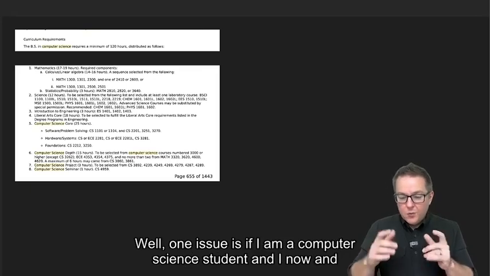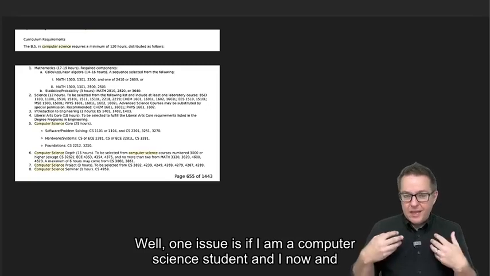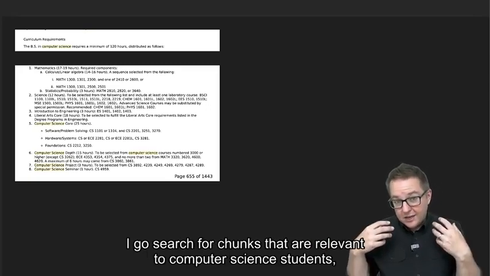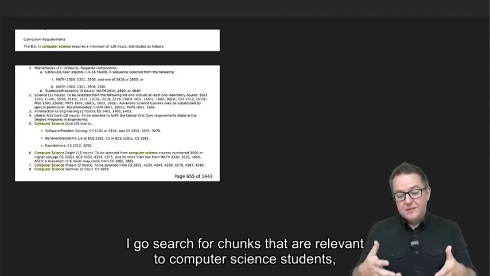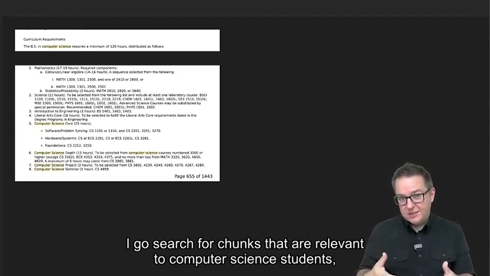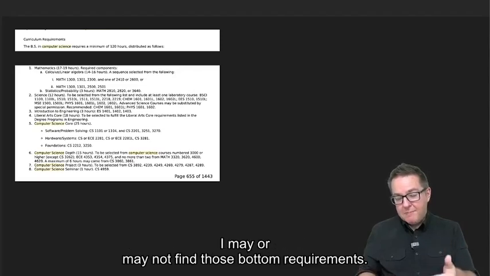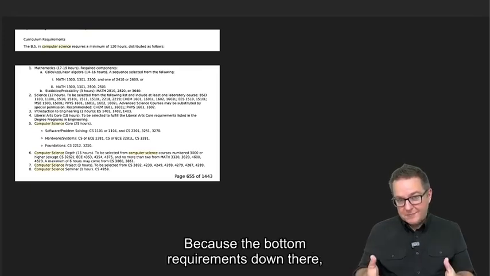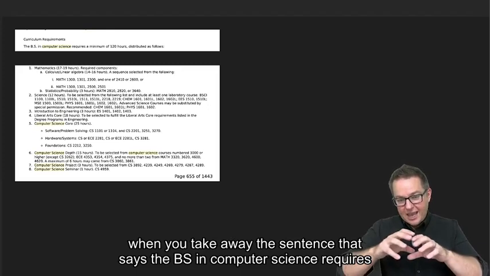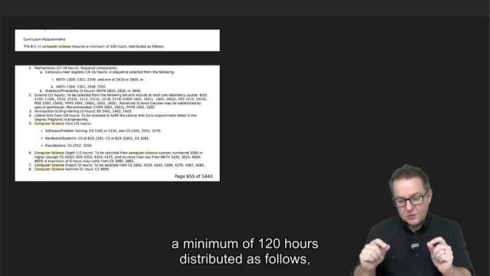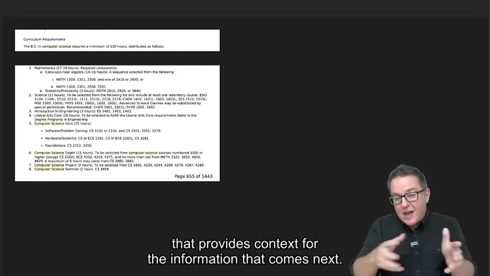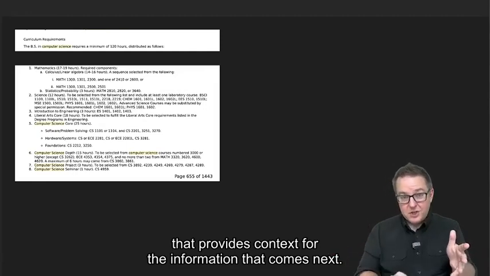Well, one issue is if I am a computer science student and I go search for chunks that are relevant to computer science students, I may or may not find those bottom requirements. When you take away the sentence that says the BS in computer science requires a minimum of 120 hours distributed as follows, that provides context for the information that comes next.